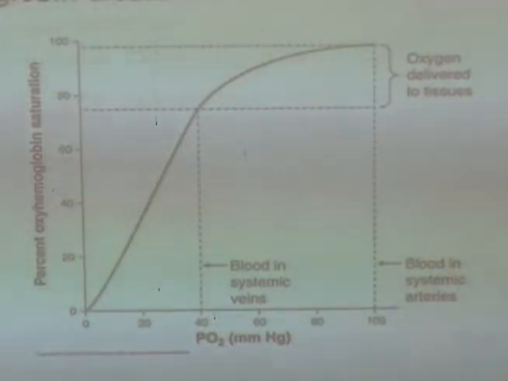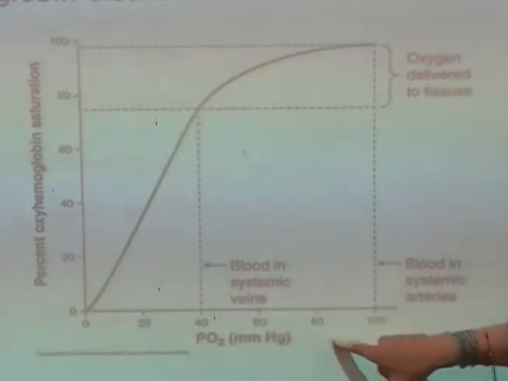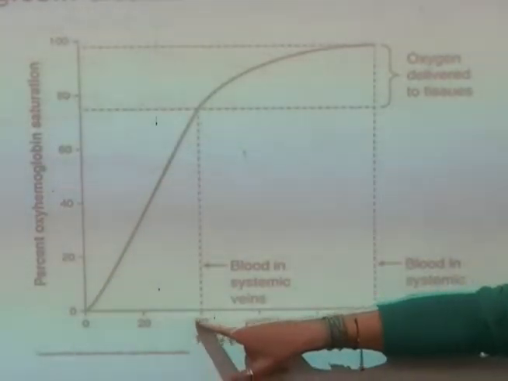All right, and again, if curves are not your thing, then you might just have to try to understand the idea of it without the curve. What it's trying to show, so this is the partial pressure of oxygen.